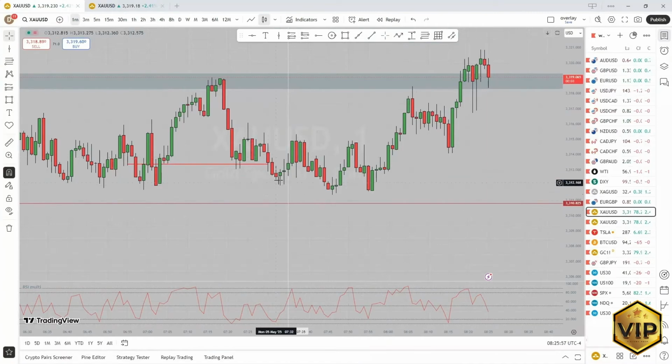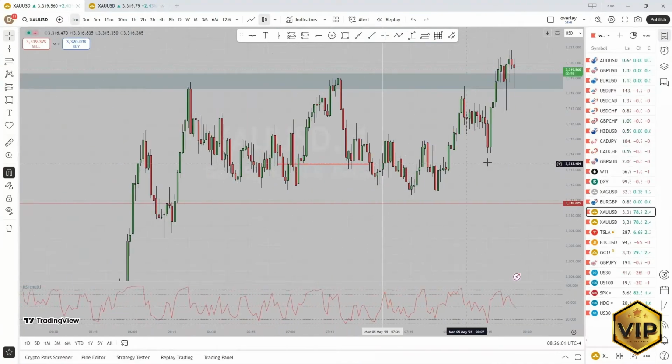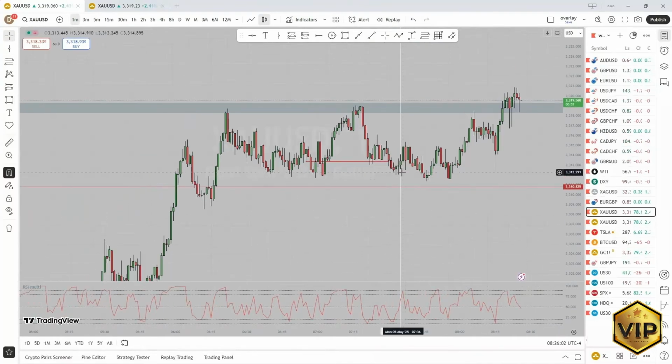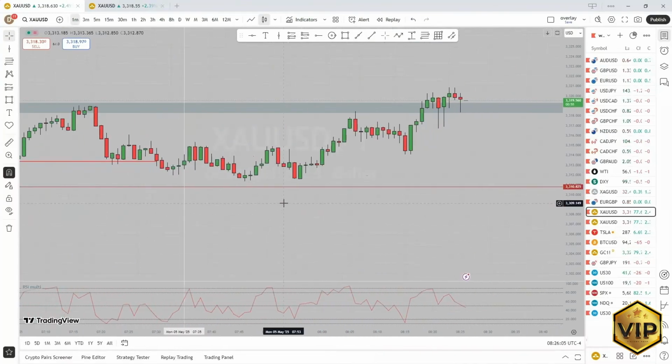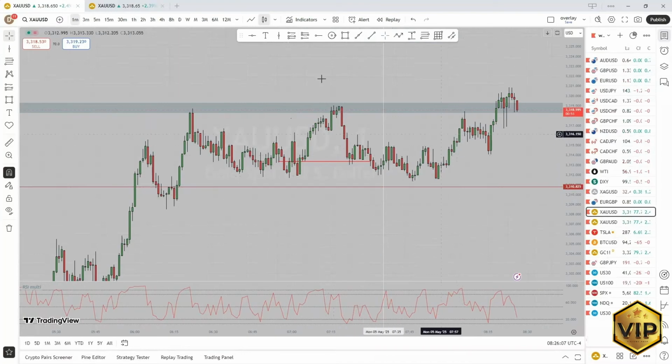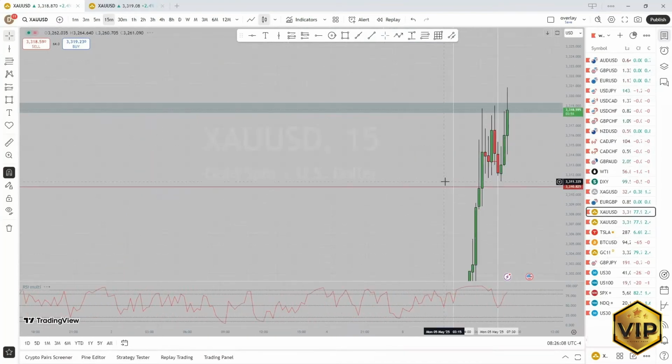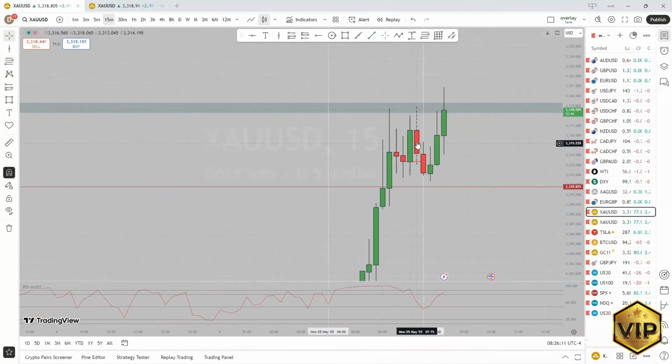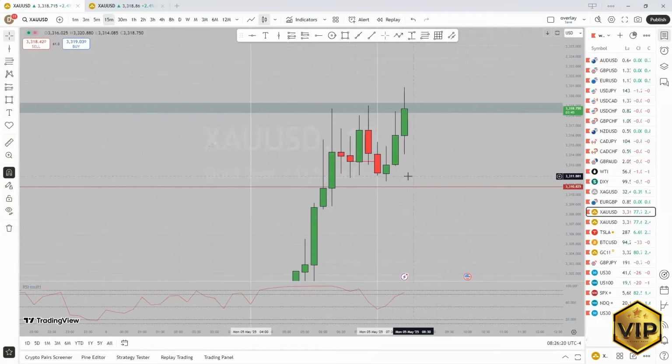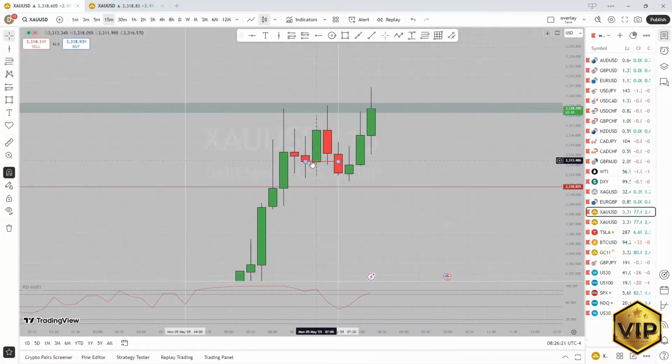It's just sideways, and obviously the time of the day is not ideal. So it didn't really show me anything to sell. And if anything, it actually showed me a buy on M15. It had to break the upside here, and price gave me a low time frame setup on this one here, but I didn't take it. So that was that. And then it gave me an M15 sell here, but why did I not take that?